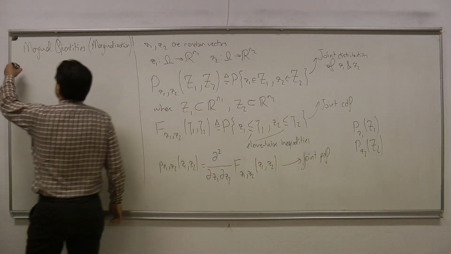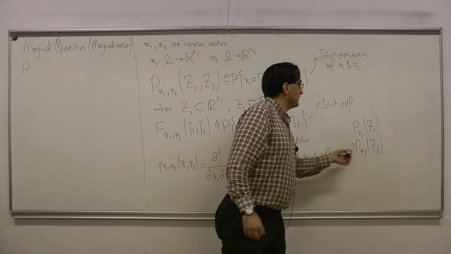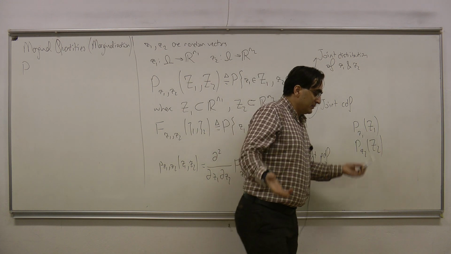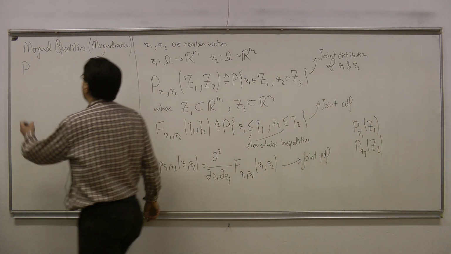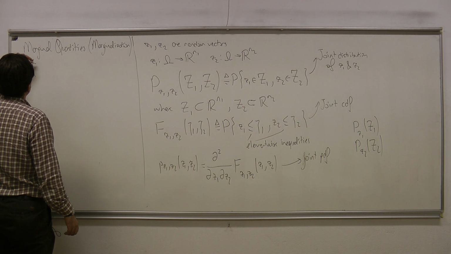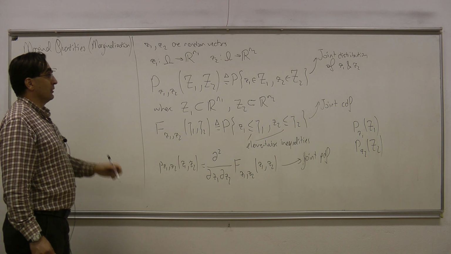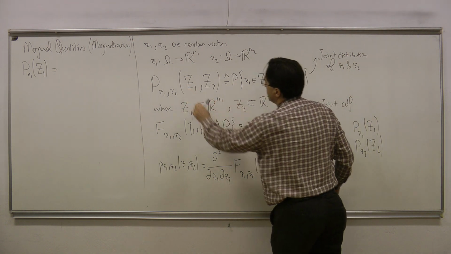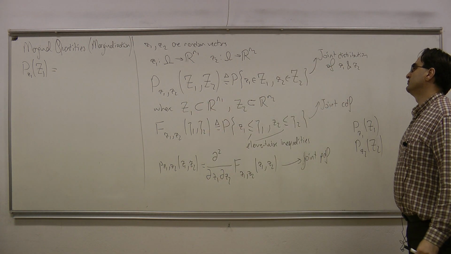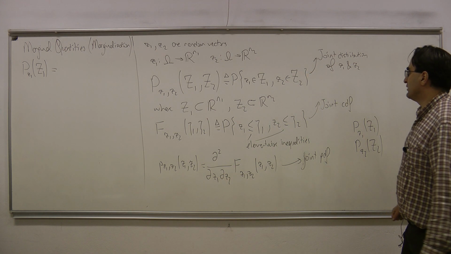I will do it only for the first random vector, and the second one can be obtained similarly. So I have P of Z1 in the subset capital Z1 and Z2 in capital Z2. I need to reduce this joint distribution function into the marginal. How can I do that?